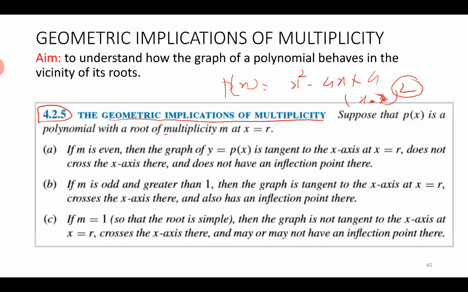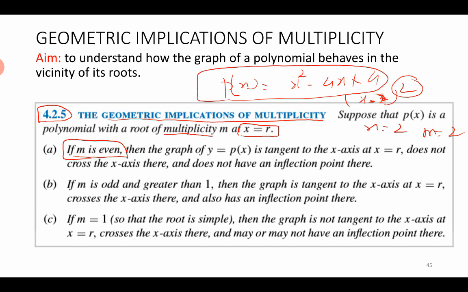If the multiplicity of the root x equal to r, here x equal to 2 is the root and the multiplicity m is 2. If m is an even number, then the graph of this polynomial is tangent to the x-axis at this point. See the example graph here.